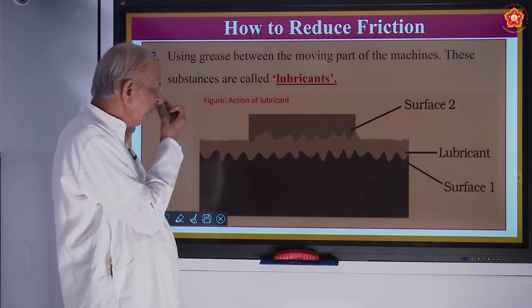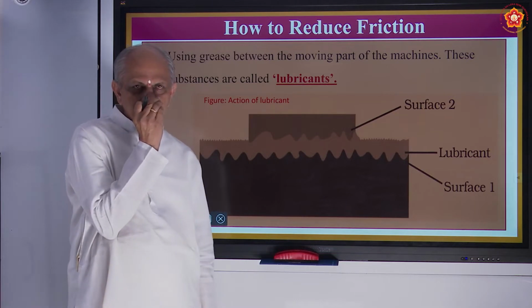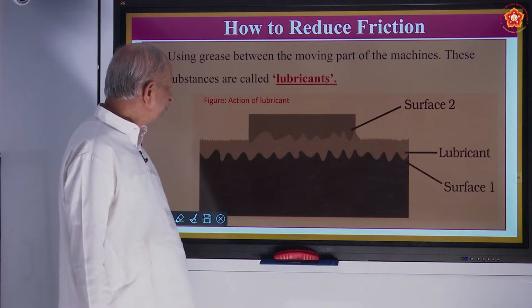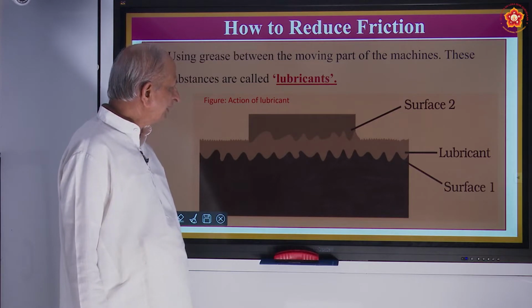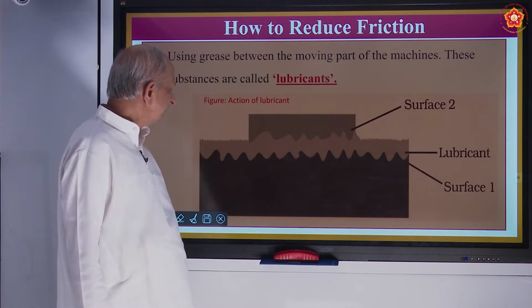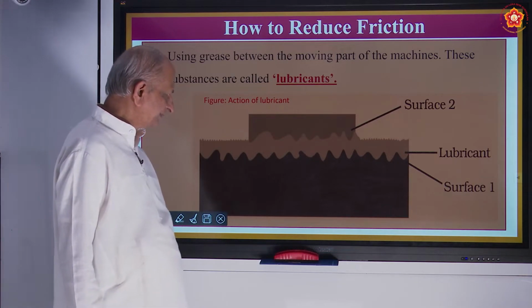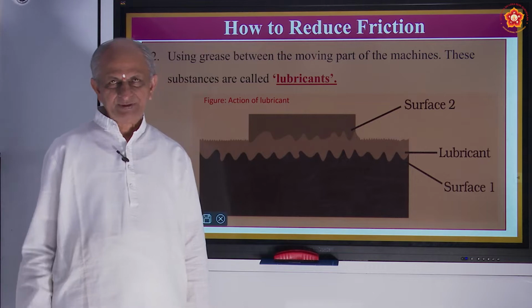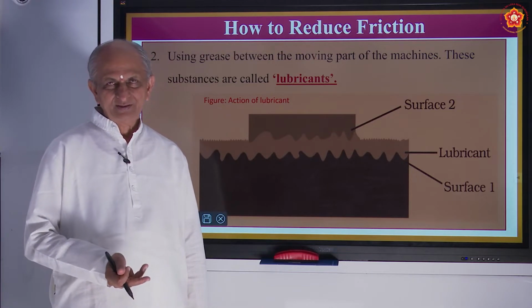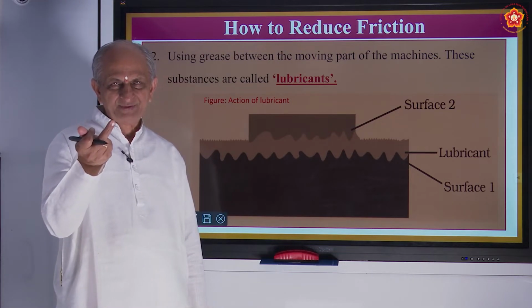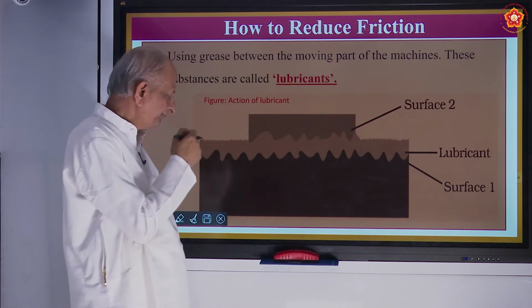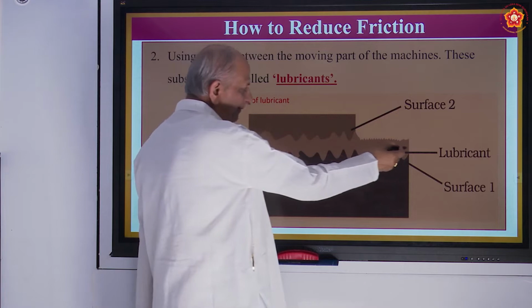And in some machines, okay, the grease used between the moving parts of the machines, these substances are called lubricants. You might have seen, especially in a grinding machine or your water pumps and many machines like that. In factories also, this lubricant is compulsory.